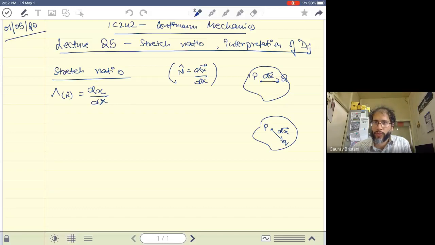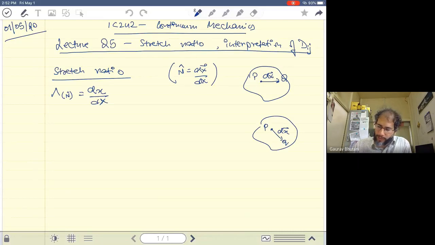The reason I'm talking about stretch ratio is because this quantity is important. It is used quite commonly in other discussions as well. So we need to understand and analyze this quantity further. What we'll do now is try to understand how we can write the stretch ratio in terms of the Green's deformation tensor.